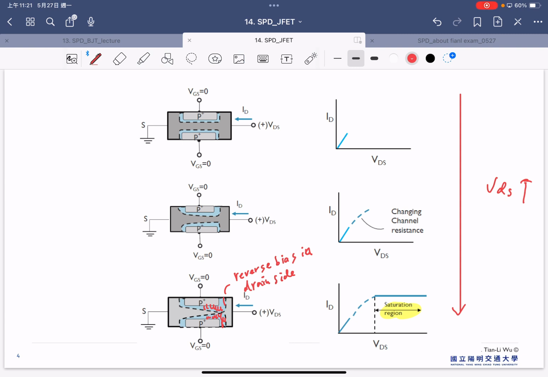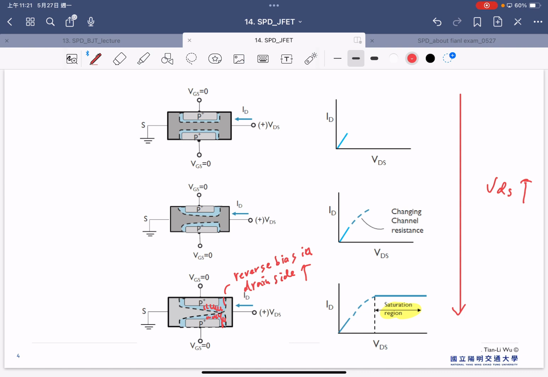So then you extend your depletion region. So you have a further pinch off once your VDS is increased. So that's the first type.